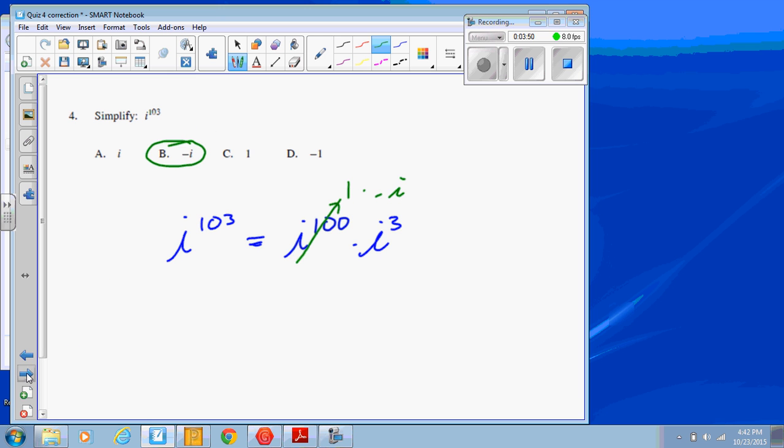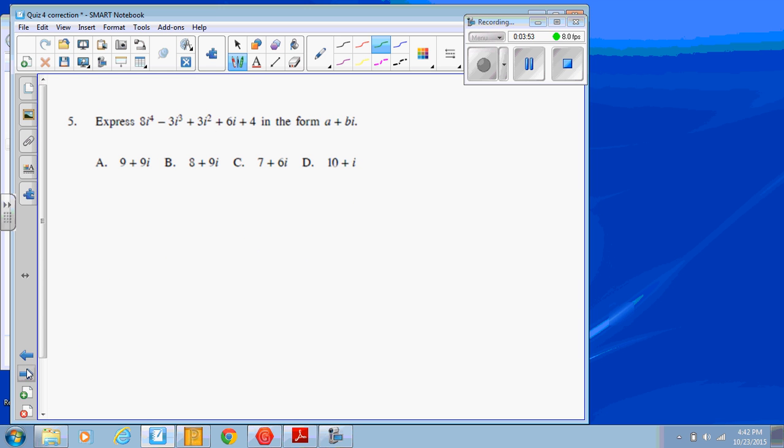Okay, number 5, now we're going to use the powers of i to simplify this. i to the first equals i, i to the second equals negative 1, i to the third equals negative i, and i to the fourth equals 1. Eventually we'll memorize that. You don't have to do this every time.